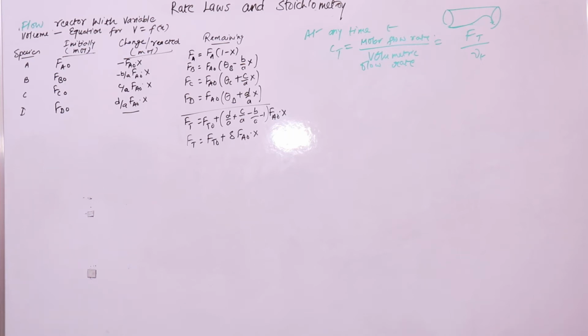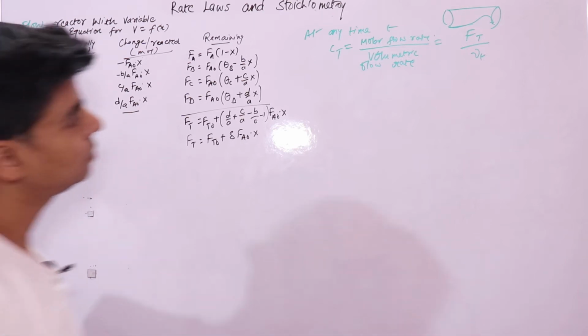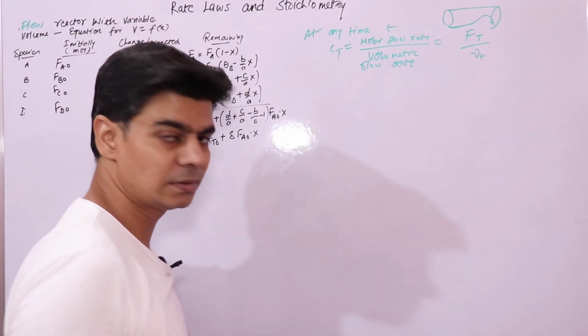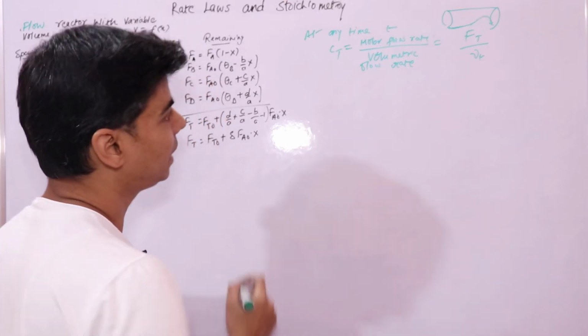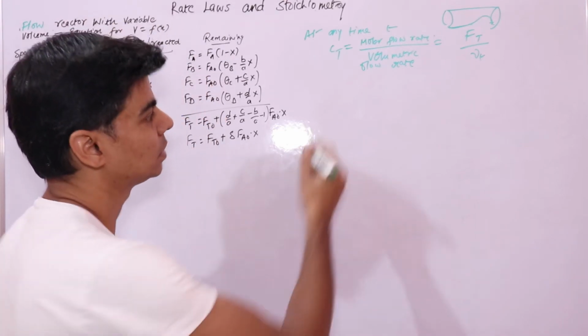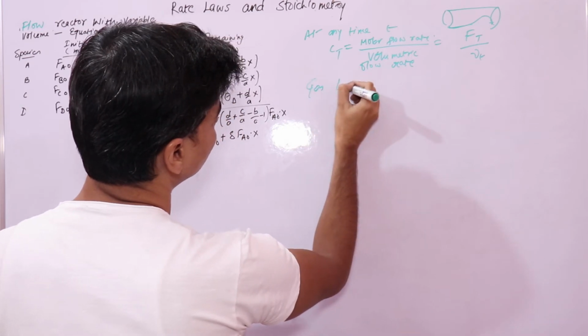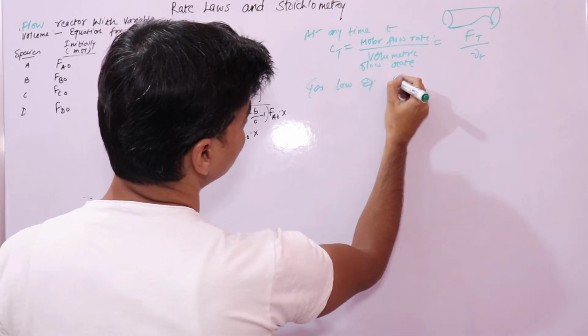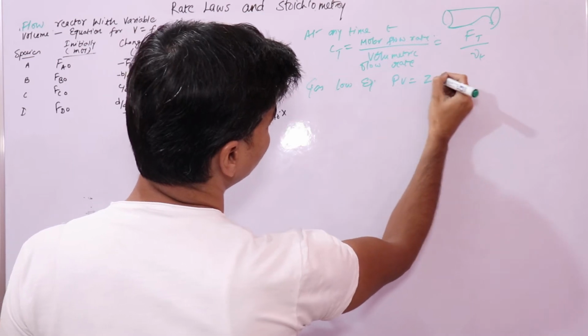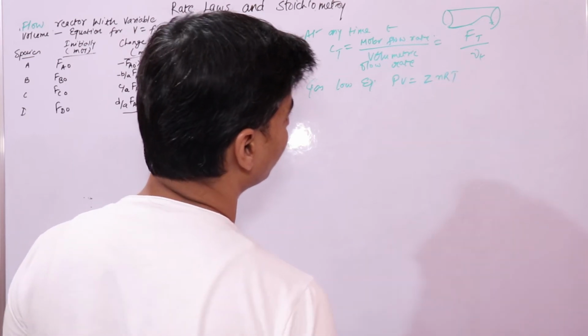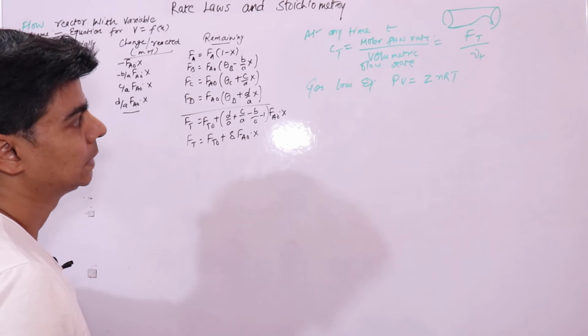And the expression for concentration of a gas phase reaction can also be obtained from the gas law equation, which is PV equals ZnRT.